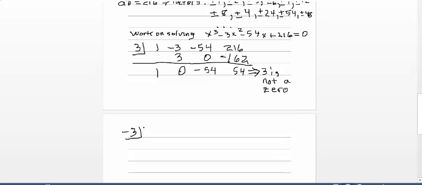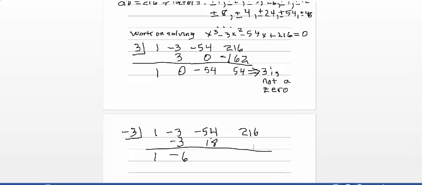Let's try negative 3. Maybe that one will work. So I write down the coefficients of the polynomial, bring down the leading coefficient, multiply by negative 3, add that to the next coefficient, I get negative 6, multiply that by negative 3, I get 18, add that to negative 54, and I get negative 36.